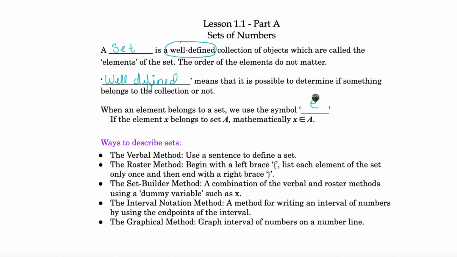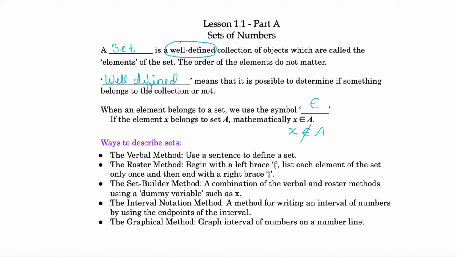It looks like an E that is facing to the right. So if the element X belongs to set A, we say that X is an element of A. If it doesn't belong to a set, we can put the element with a cross through it. So this means that the element is not in the set A.